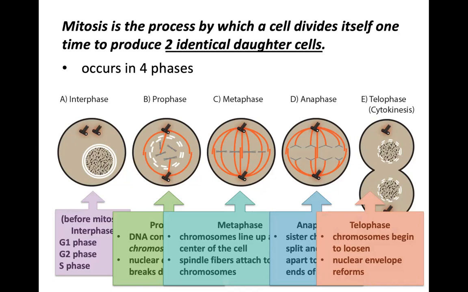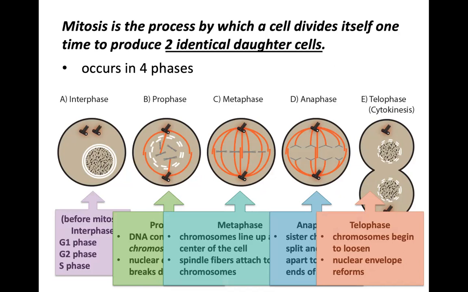What? Cytoplasm. So in cytokinesis, the cytoplasm is what is splitting and the cell membrane. Okay? Cytoplasm and cell membrane. So that's when we actually see 2 new identical daughter cells. You got it? We all good?